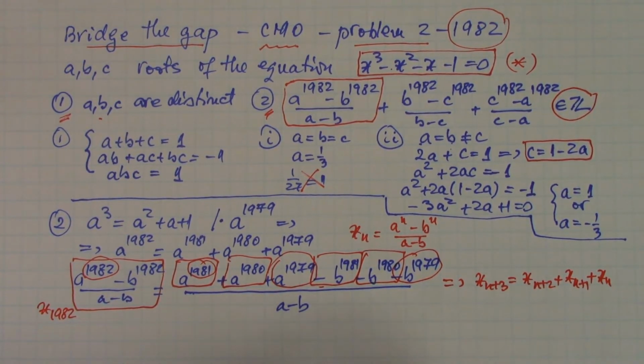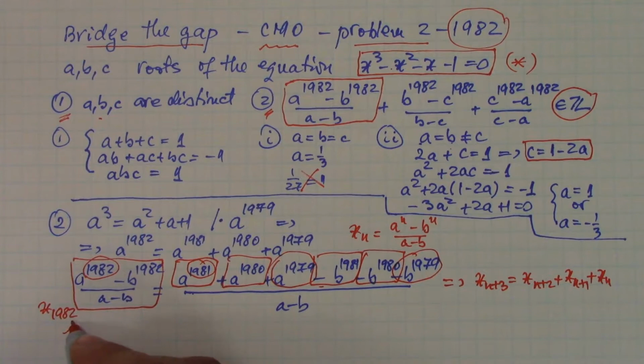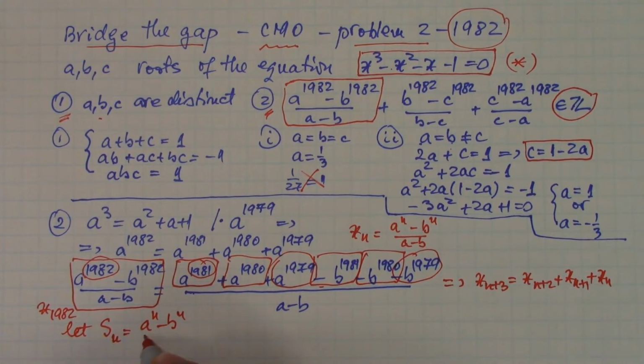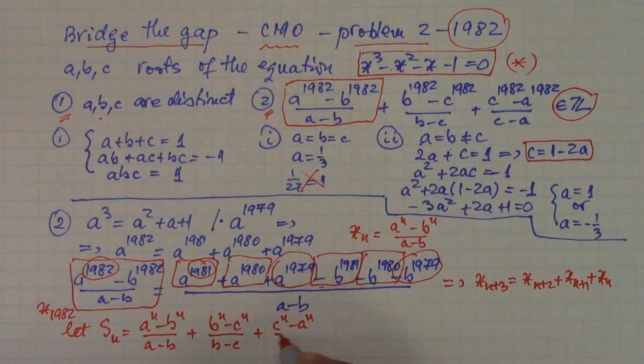So now what we can do is take it one step further. Let Sn be a to the power of n minus b to the power of n over a minus b, plus b to the power of n minus c to the power of n over b minus c, plus c to the power of n minus a to the power of n over c minus a.